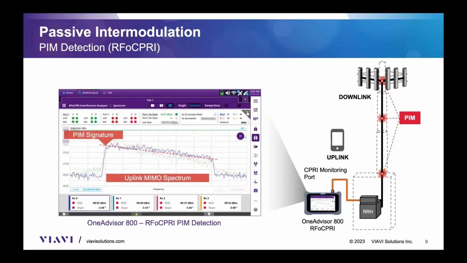And in this specific case, the downlink happens to be in a lower frequency of my uplink. Therefore, we have that slope. And as you can see, in this case, we have PIM in all the branches. So we have here 4 different traces, each one of them corresponding to one antenna, and all of them are being affected.